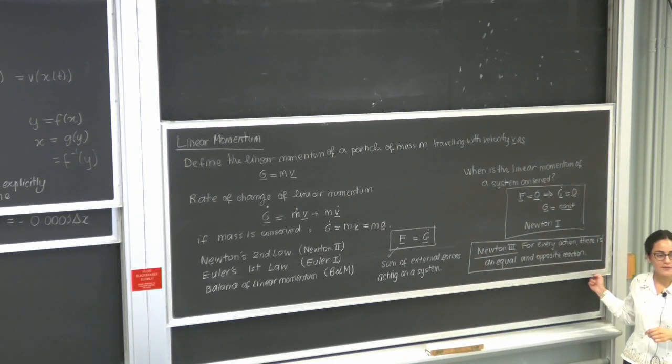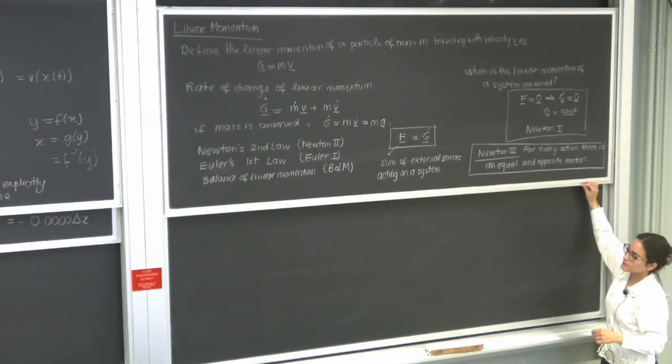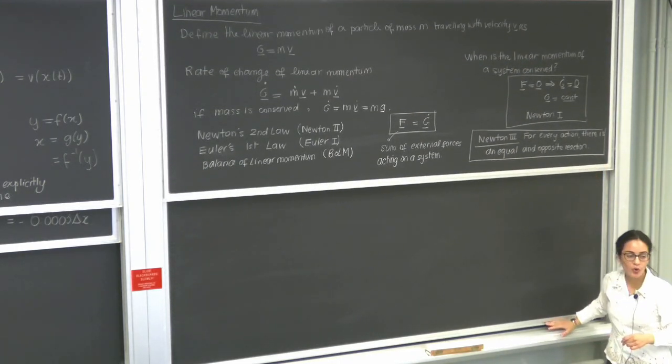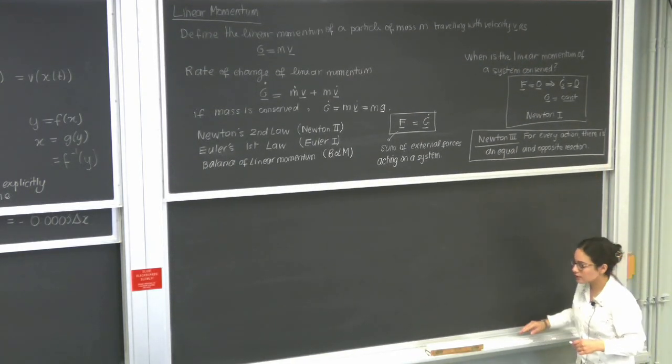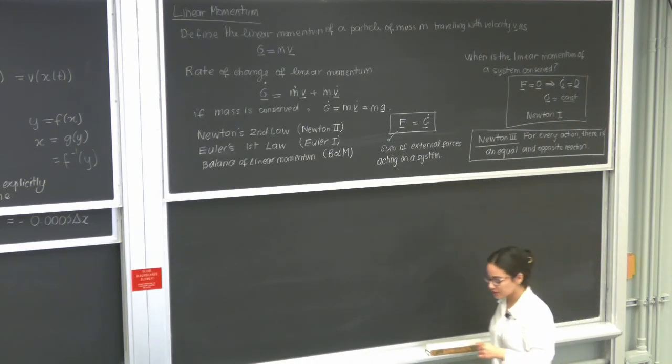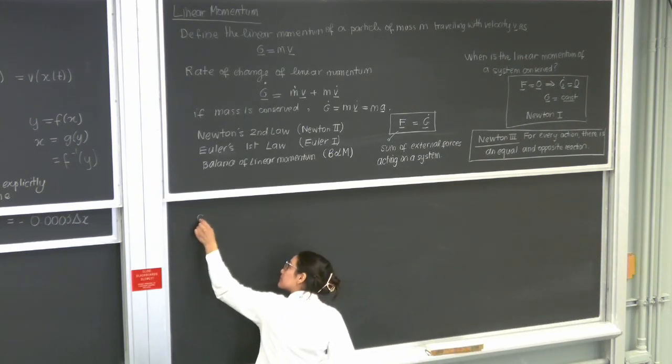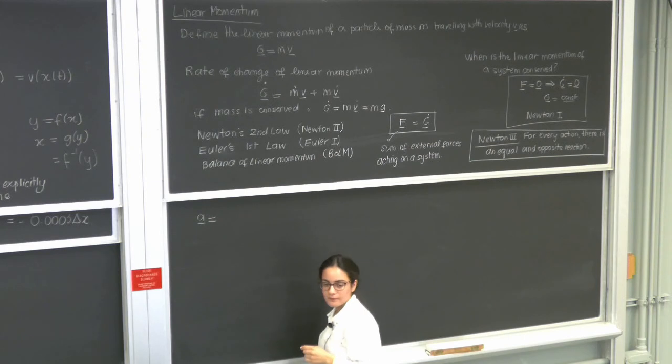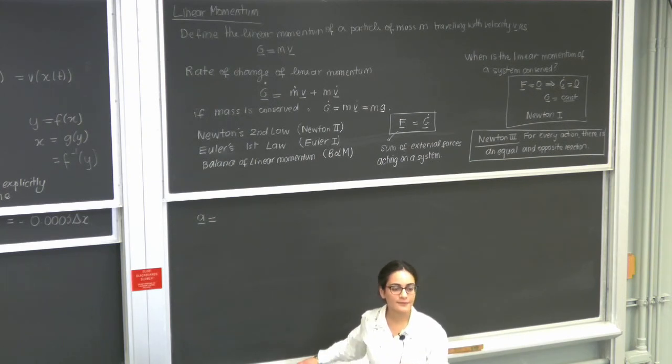Any questions? Awesome. So let's introduce our coordinates now. In Cartesian coordinates, what was the expression of the acceleration vector? If I have Cartesian coordinates, if the base is Ex, Ey, Ez, what's my expression for the acceleration vector?